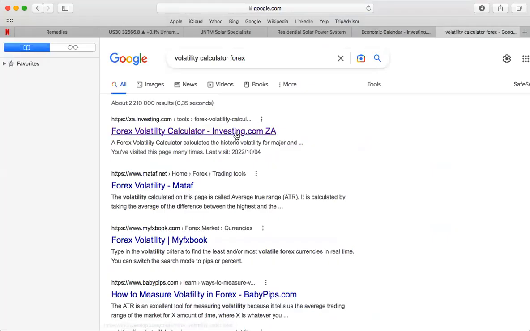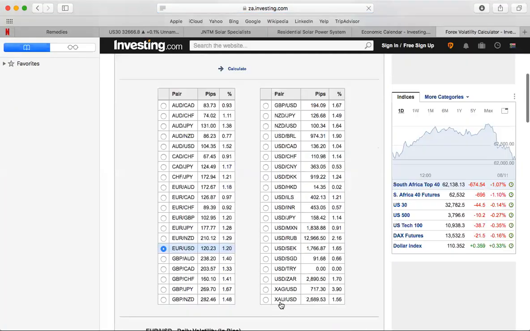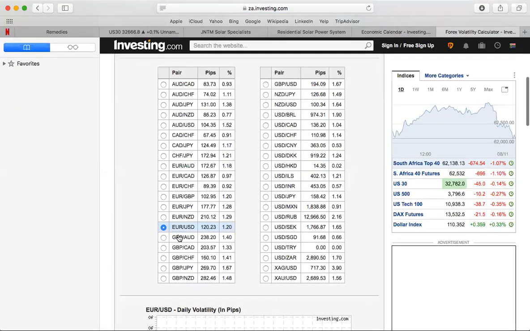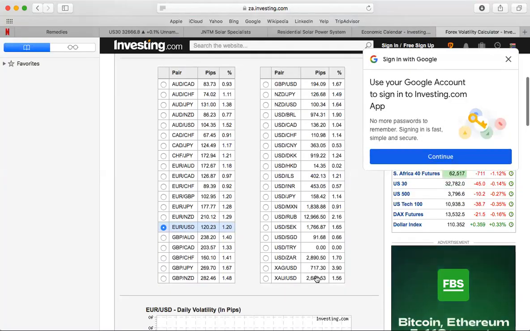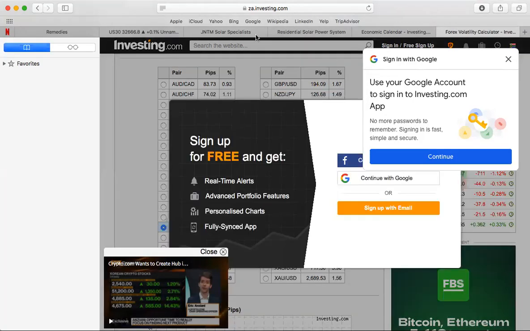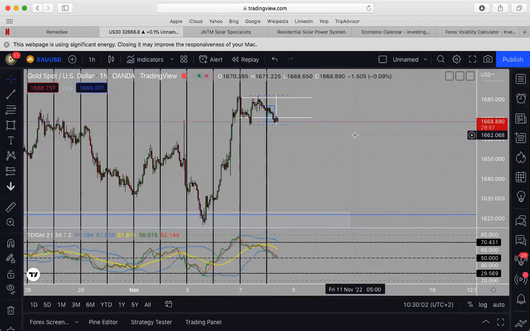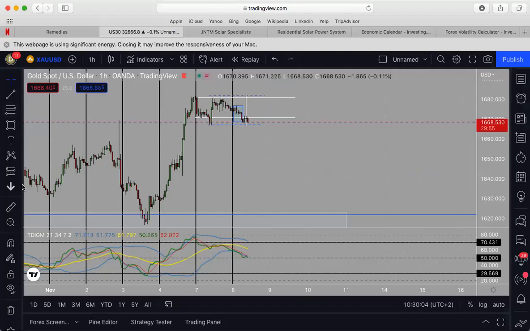So what is our volatility calculator then? All right, so on gold, it's 268 pips. So we can go back to our screen. ADR on gold is 268 pips.